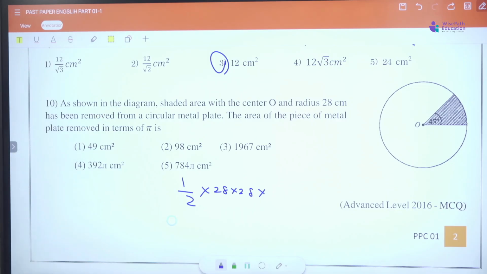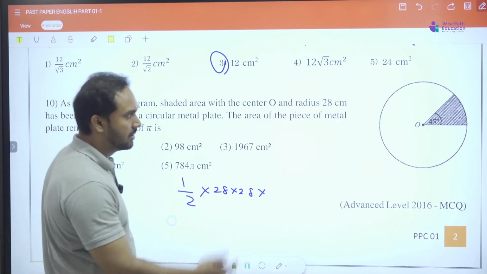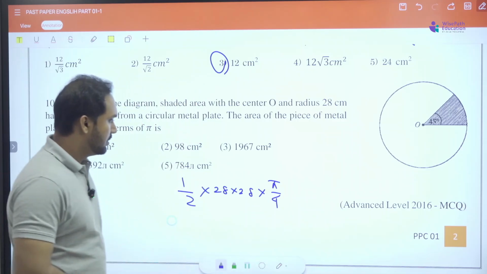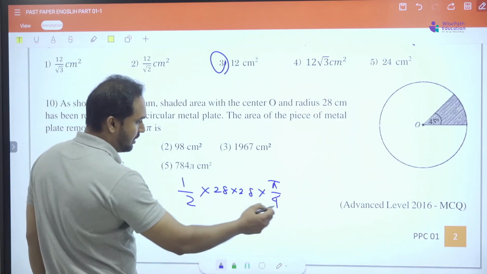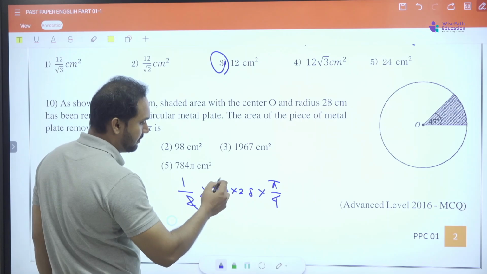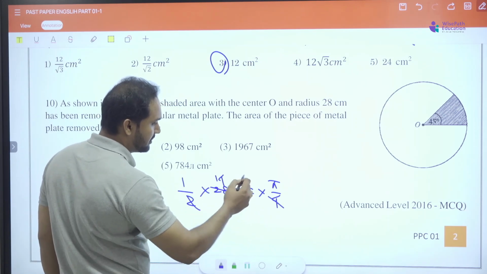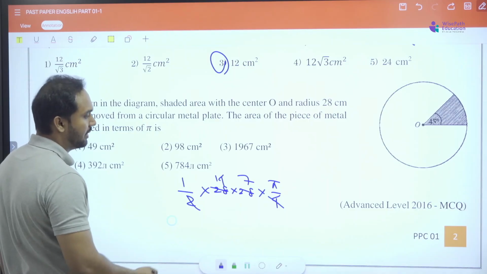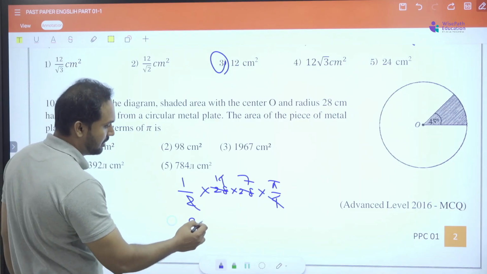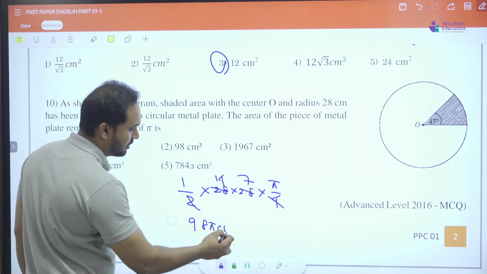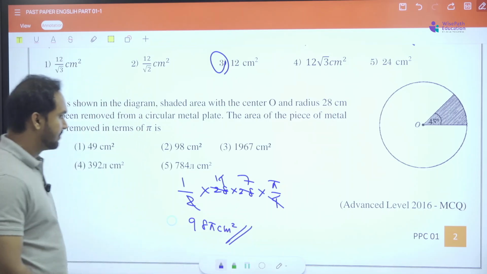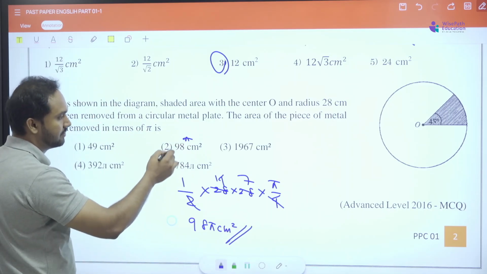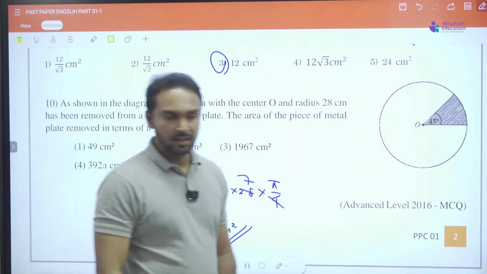The area of the piece of metal plate removed. So that is 5 over 4. So you simplify it. 2 times 14, 4 times 7, 7 into 14, 98. So 98 pi square centimeters. Now this has to have pi. A typing error is there.